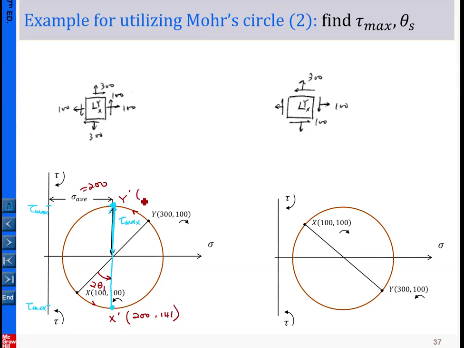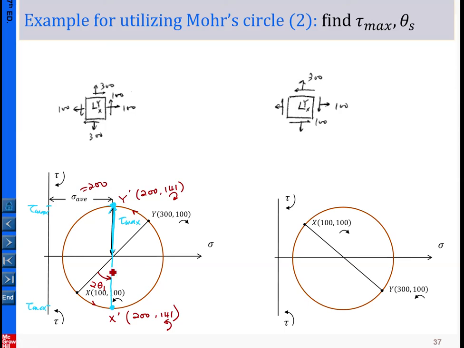So y prime is 200 and 141. Then you label this point x is in the lower quadrant, and the y point is on the upper quadrant.